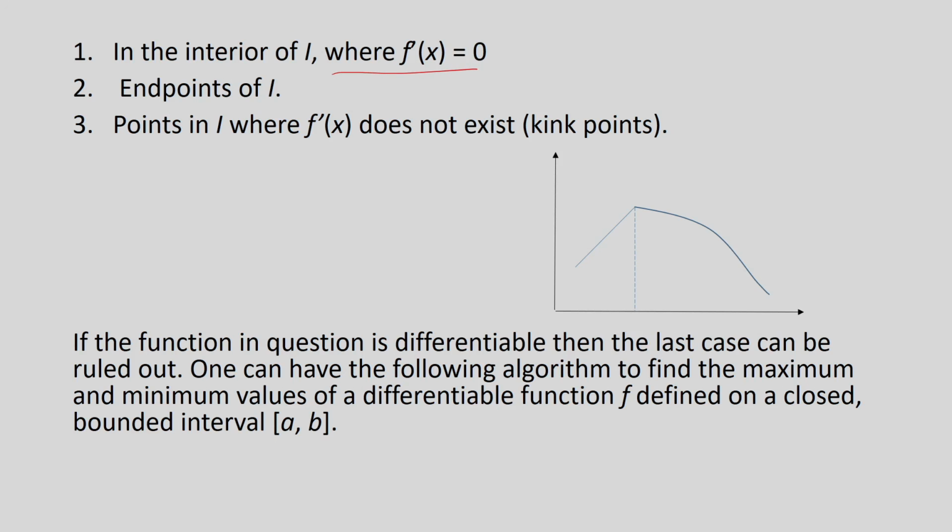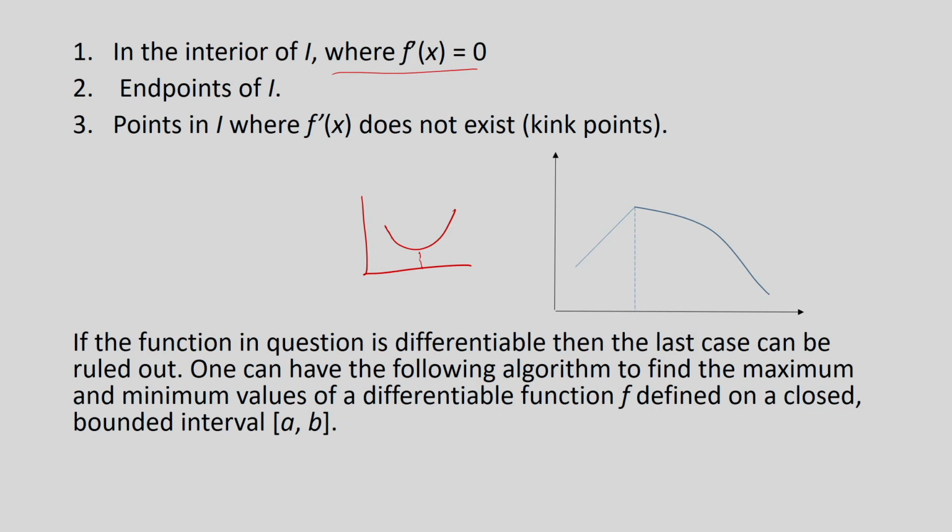We are assuming that this is correct. You have an extreme point and at that extreme point f dash x is equal to 0 and that point is in the interior of I. So, this is the most well behaved case where you have something like this, right. So, this point is a point of minimum, an extreme point.